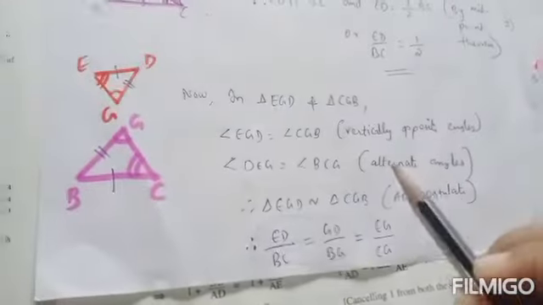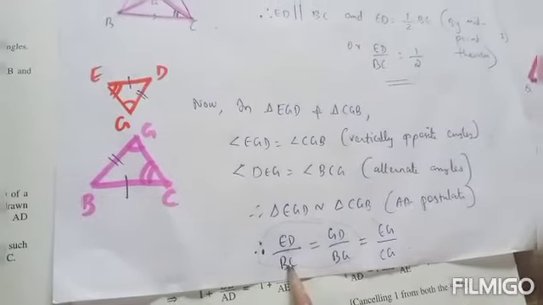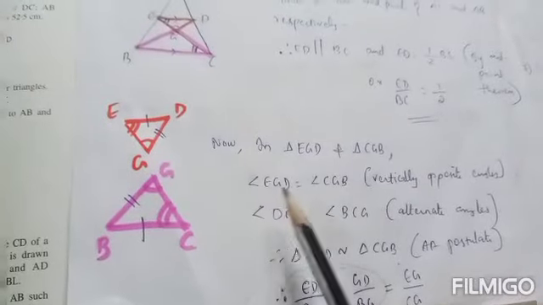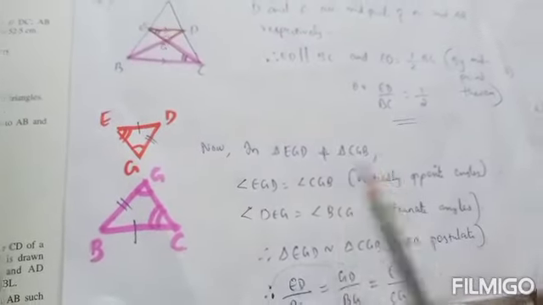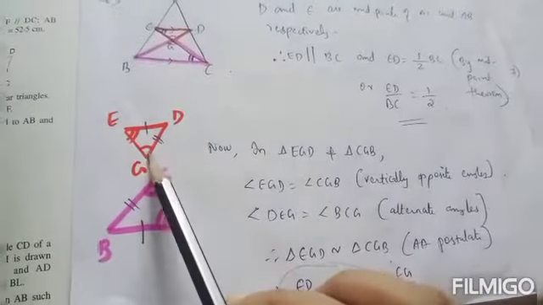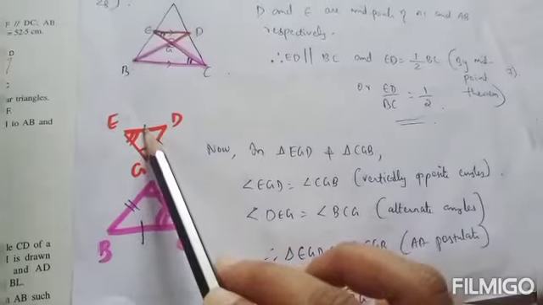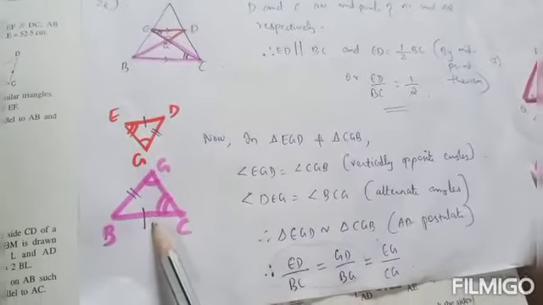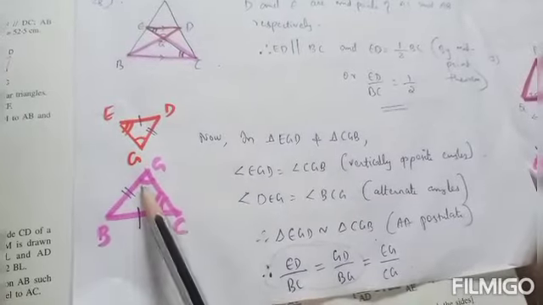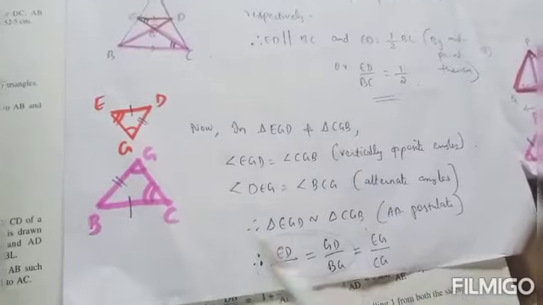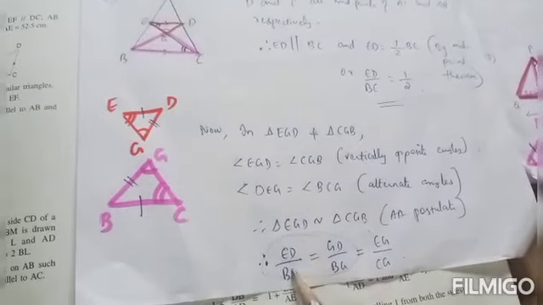Therefore we can write the ratio of corresponding sides. First, the sides opposite to angles EGD and CGB. In the first triangle EGD, the side opposite to this angle is ED. In the second triangle CGB, the side opposite to it is BC, so ED by BC.